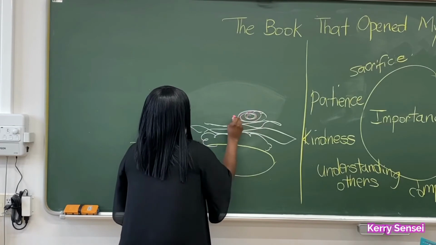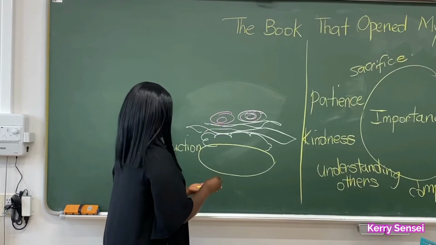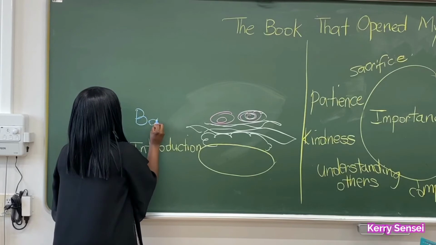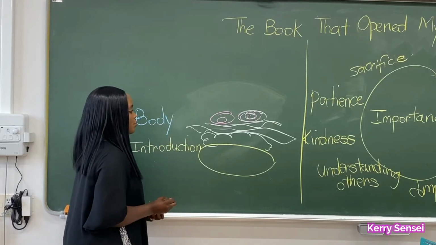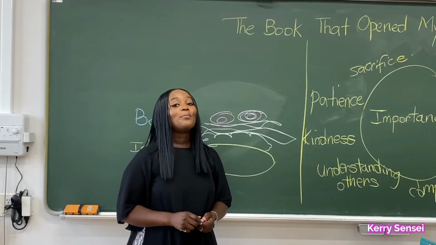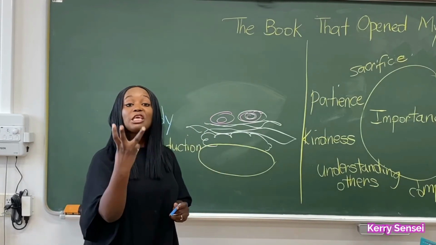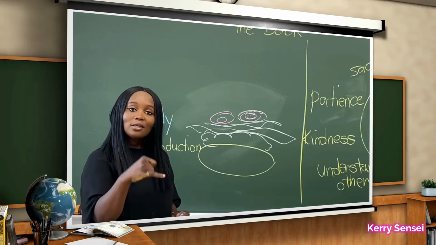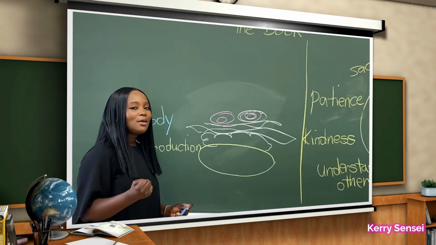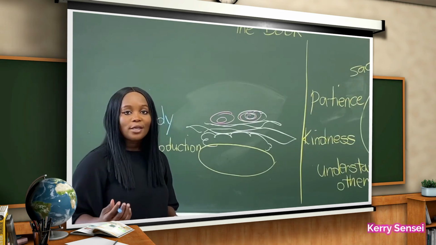All of these parts of the essay we call the body. Now this part of the essay, the body, has 3 paragraphs at least. You can have 4 or 5 paragraphs in the body, all right?